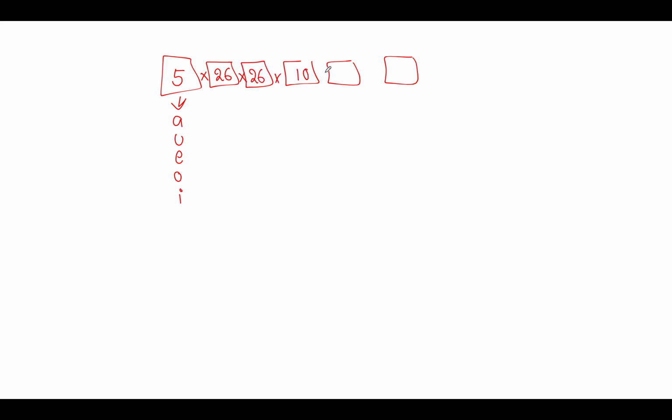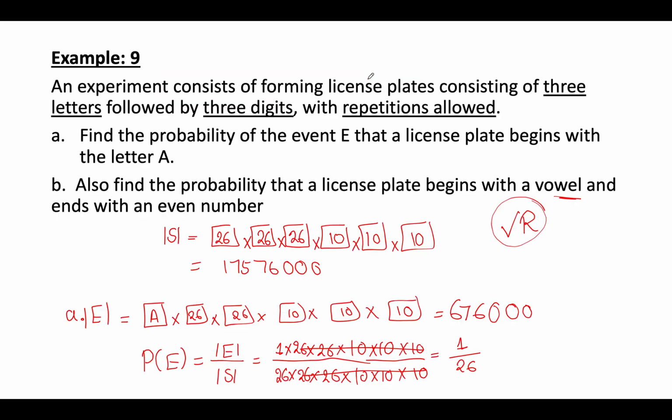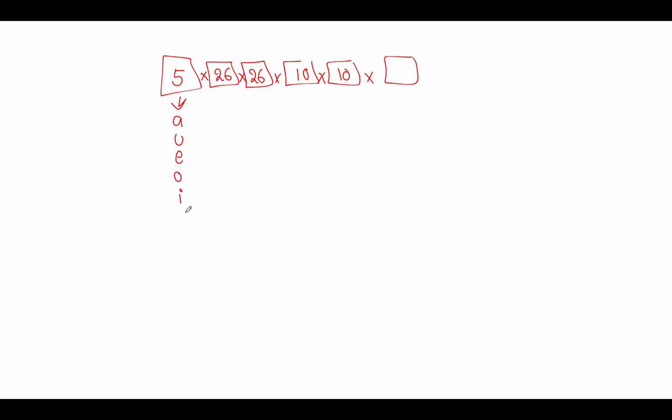Then any digits, and then I have another condition here. The condition says it should end with an even number. The possible even numbers that can fill the last digit in the license plate are 2, 4, 6, 8, and 0. So here we got 1, 2, 3, 4, and 5, which means I've got 5 possible outcomes.